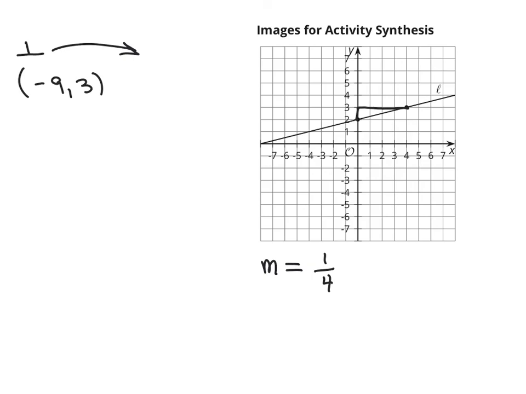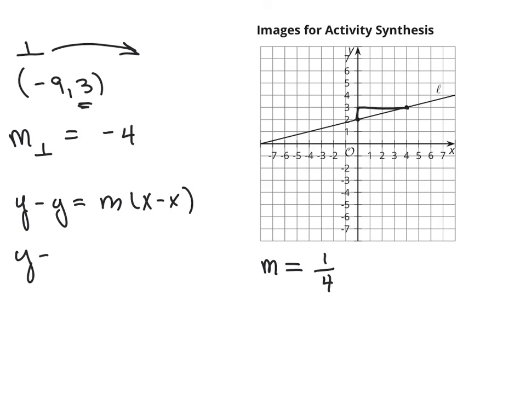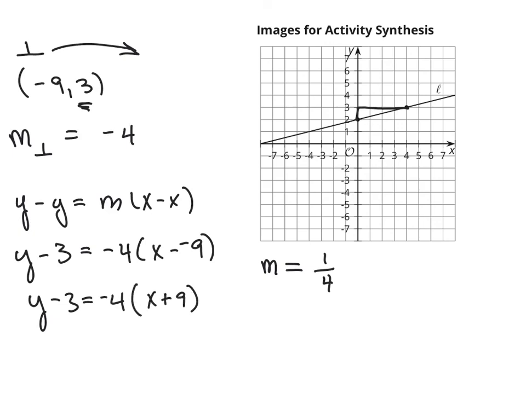What I usually do is write m sub perpendicular. That's going to be negative 4. The equation we've been using is y minus y1 equals m times x minus x1. So y minus 3 equals m times x minus a negative 9. Simplify that: y minus 3 equals -4 times (x plus 9). We can leave it just like that. Remember, this is called the point slope form.